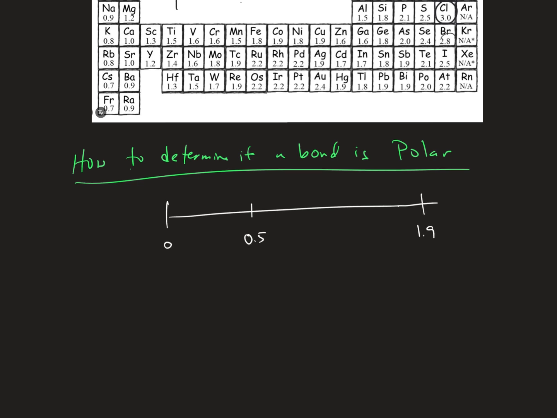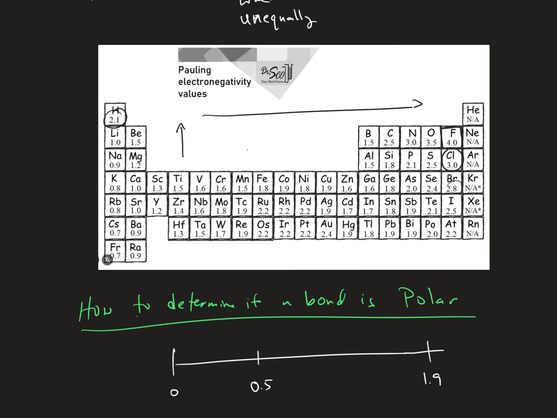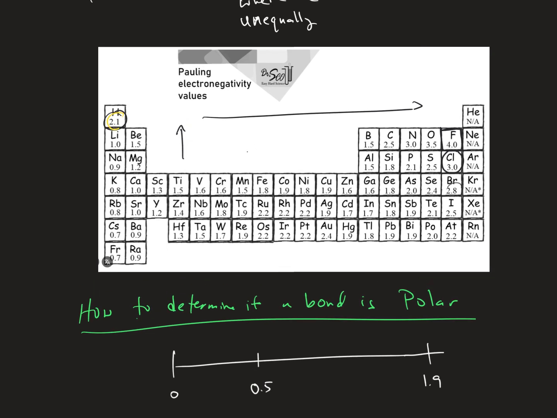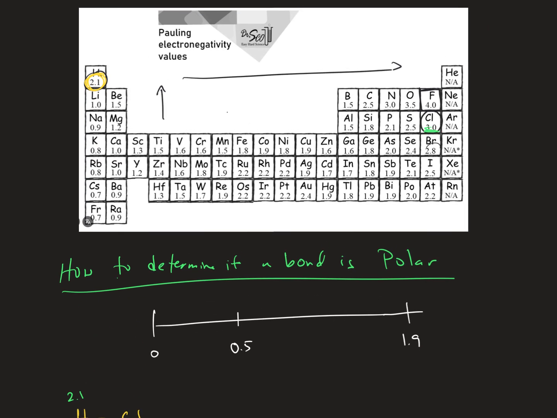This scale is not set in stone, it's kind of like a trend. But I need to explain something before I talk about that scale. So let's do H and Cl, for example. What's the electronegativity value of hydrogen? 2.1. And what about for chlorine? 3.0.